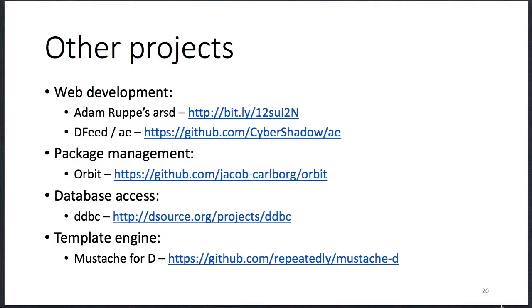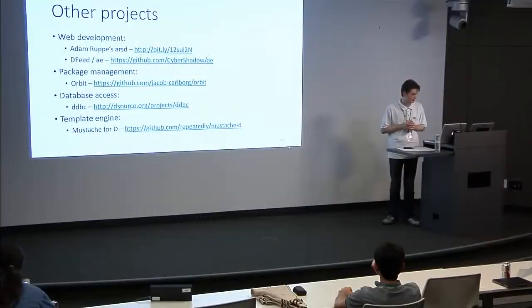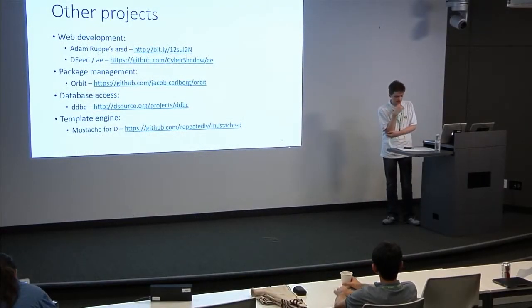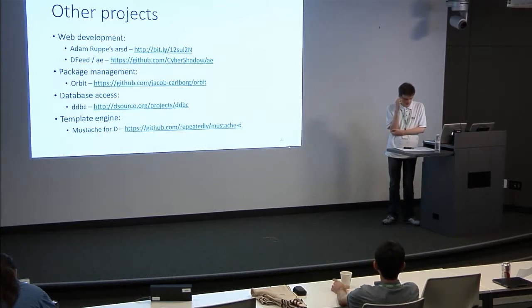As for database access, Vadim Lopatin actually wrote part of his HibernateD project, which also contains a sub package called DDBC. But before that, there was another DDBC project made by Mandeep Singh Brar, I think that's how you pronounce it.